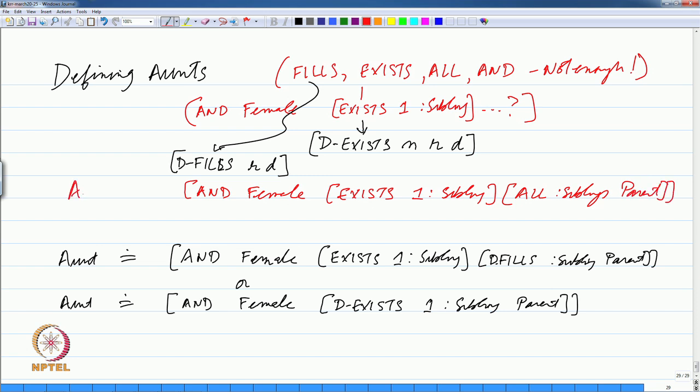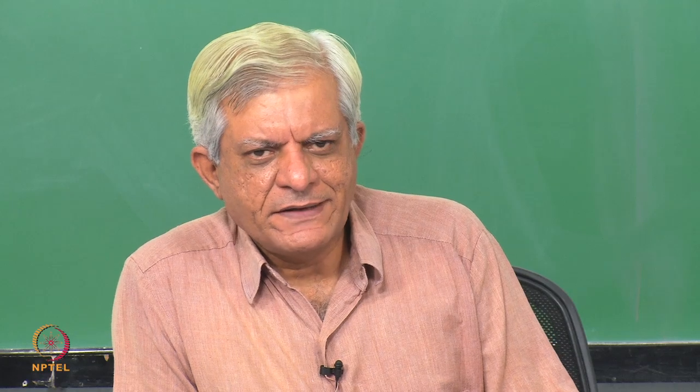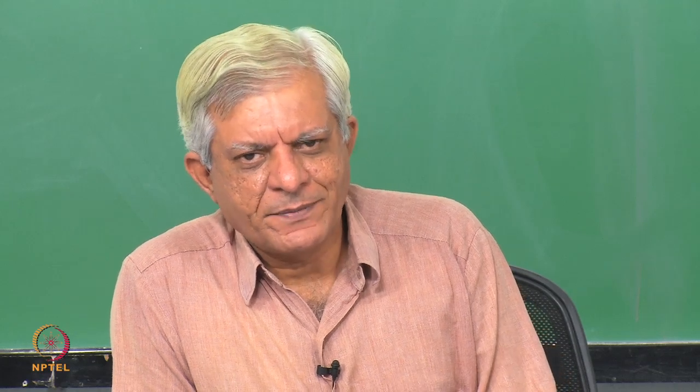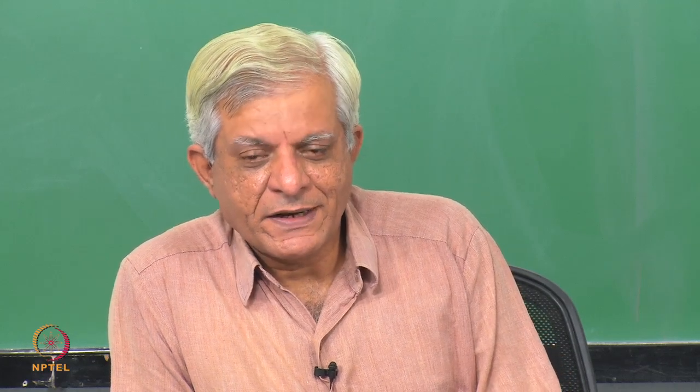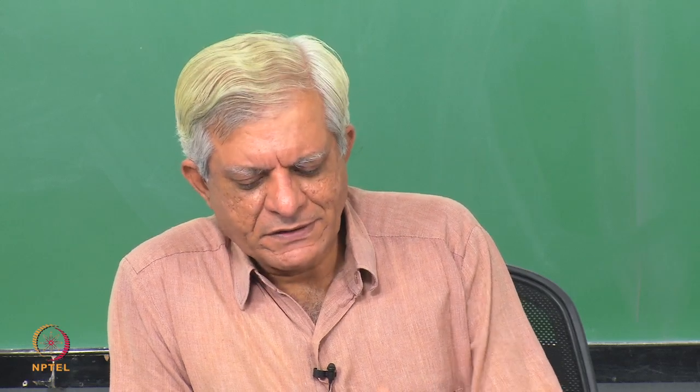Let us call this, for want of a better name, auntie. Now, again you can see, what is the concept in the red? It says the set of all women who have at least one sibling and all whose siblings are parents essentially. Whereas, the concept below is saying who have at least one sibling who is a parent. So, the concept below allows for siblings who are not parents, but the concept above does not allow for siblings who are not parents essentially.